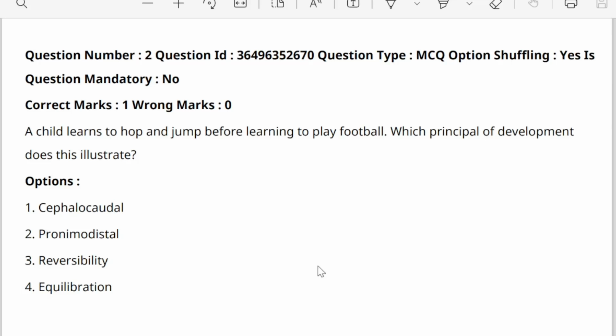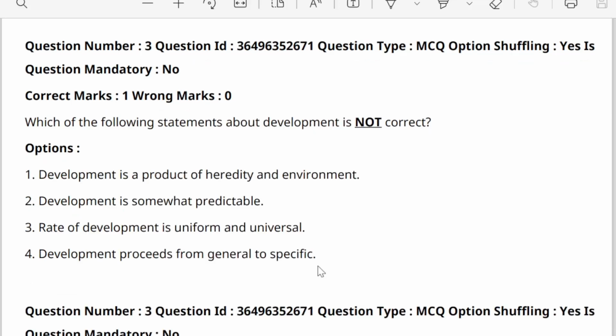So if you remember, the cephalocaudal principle is when the head develops first and then the toes. So development takes place from head to toe. Here we are talking about hopping and jumping and playing football. Both are to do with the legs. So we will be talking about proximodistal, which means that you learn the gross motor skills first and then the finer motor skills.